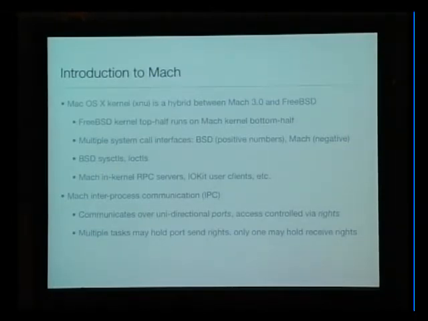You have traditional BSD Unix system calls, which are executed with positive system call numbers. But if you use negative system call numbers, these become Mach system calls. And these send system calls directly to the Mach part of the kernel. There's also BSD sysctls and IOCTLs that you can use to communicate with it.